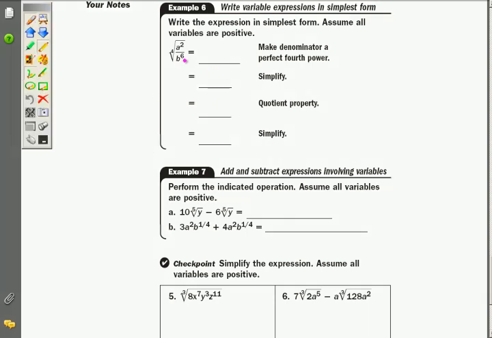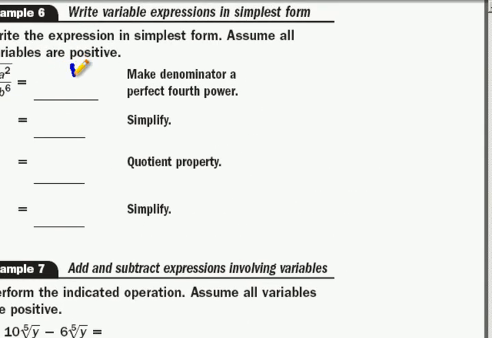See, this is b to the 6th, and what I want to do with b to the 6th is make it b to the 8th, so 4 goes into 8. So I'm going to multiply the top and the bottom of this thing by b squared. And so a squared times b squared, and then on the bottom I have b to the 8th.